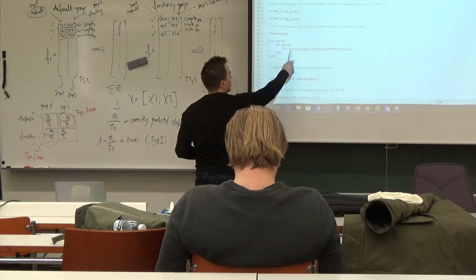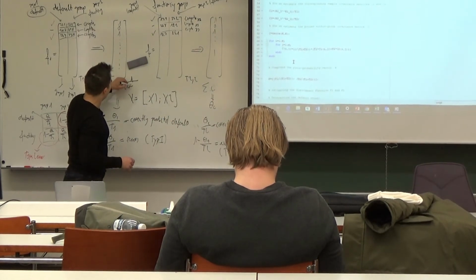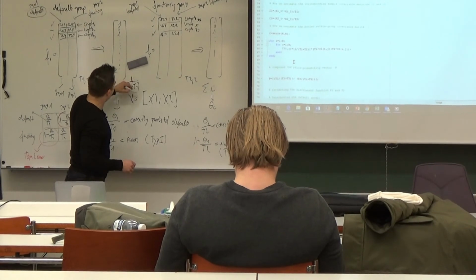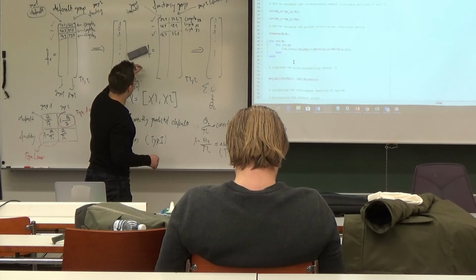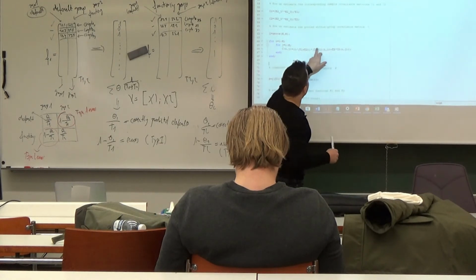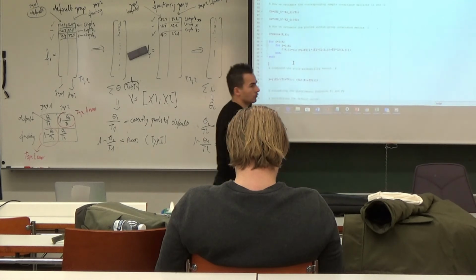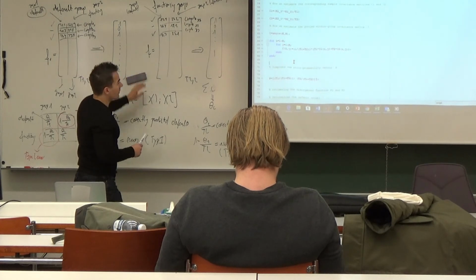So what you see here, 1 over T1 plus T2, is the same as if you would just divide this by T1 plus T2. Of course.